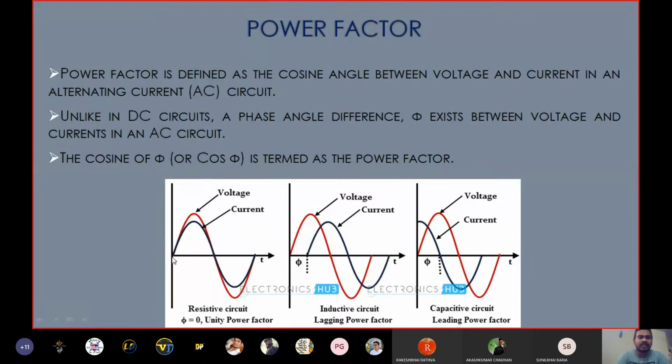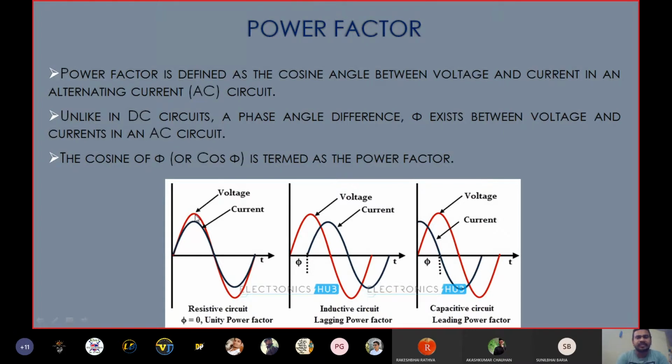In a resistive circuit, the voltage waveform and current waveform start at the same time. The starting point of the voltage and current waveforms is the same, as well as the ending point. They also become maximum at the same time.